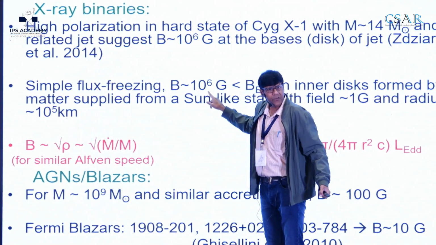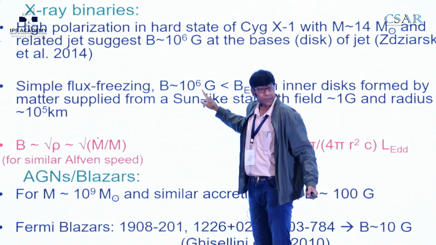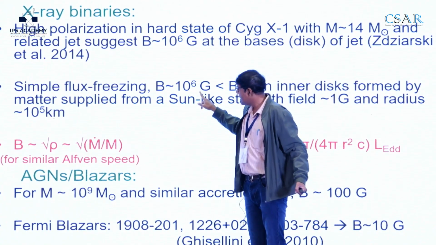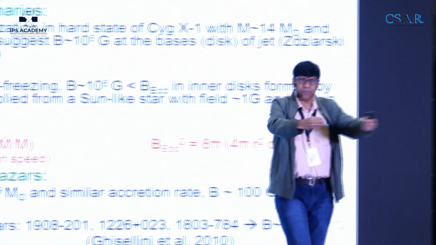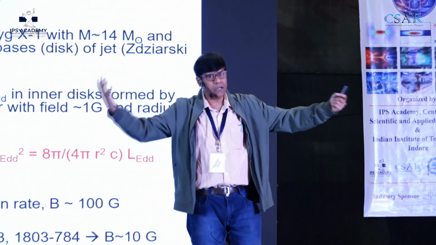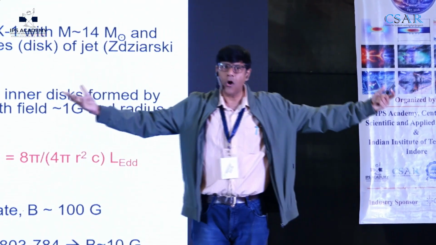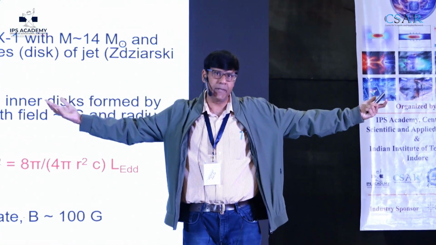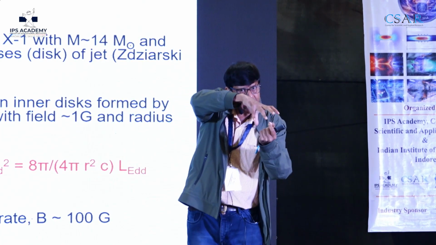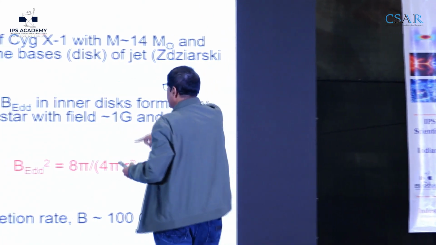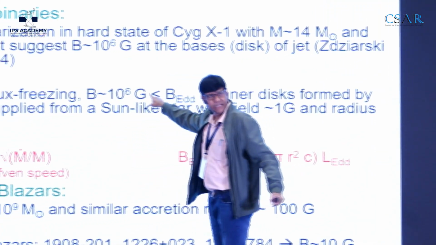And a million Gauss field is not difficult to understand from the flux freezing idea, that if a sun-like star is supplying magnetic flux with field 1 Gauss of size say 10 to the power 5 kilometer, when that flux comes close to the black hole, the size is very small. 1 Gauss from the frozen flux could easily be a million Gauss.